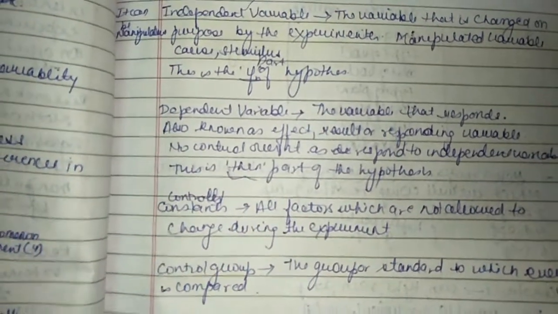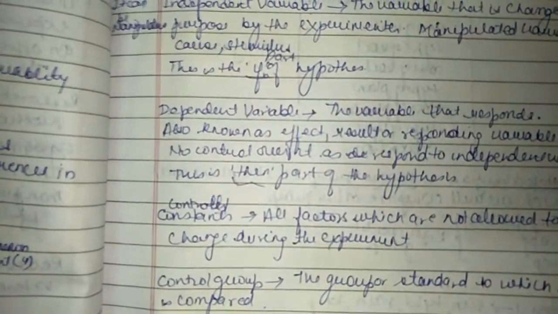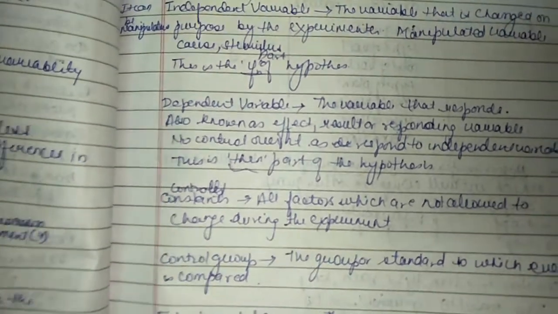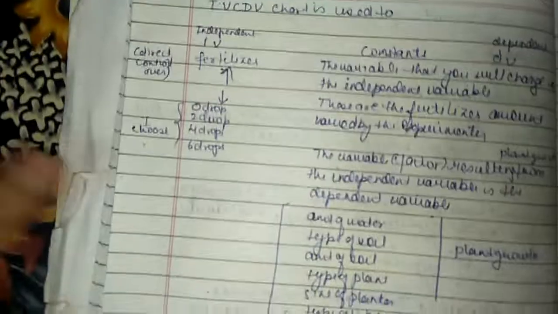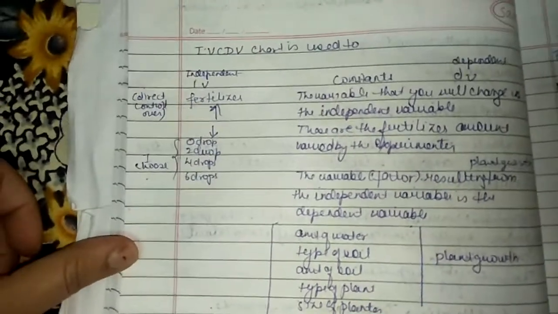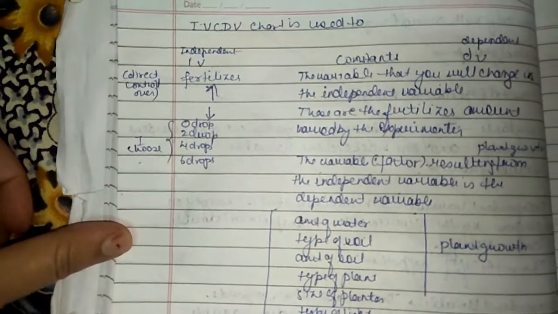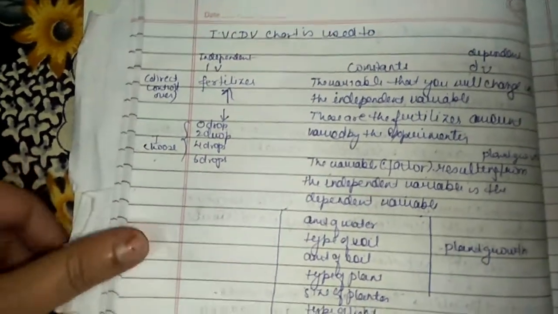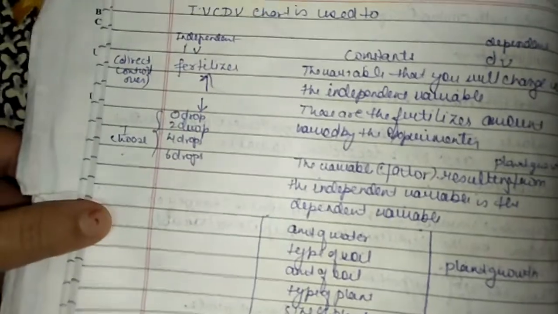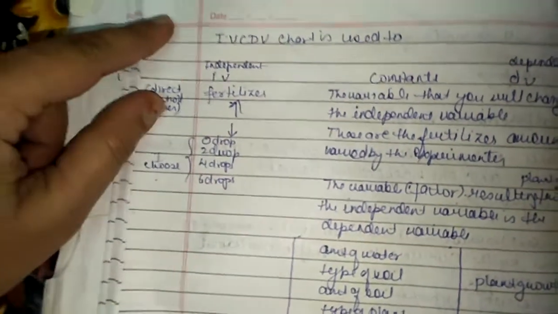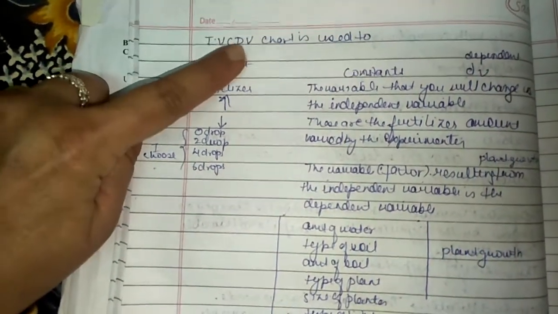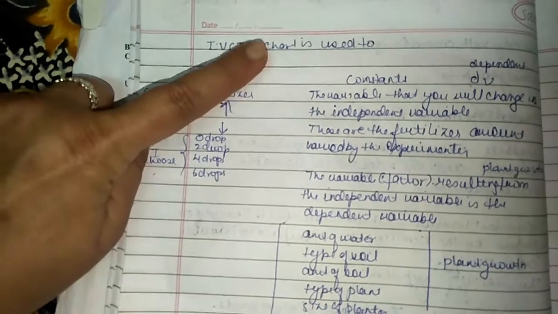To get a proper insight of this particular concept of variables, I'll take an example. I'll take an example in which an experimenter is trying to study the effect of fertilizers on the plant's growth. For that, I have made an independent variable, constant, dependent variable chart.